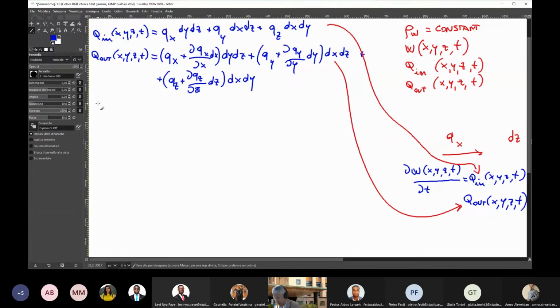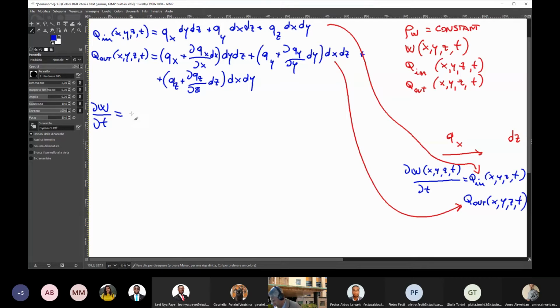I can write then partial derivative of W with respect to time. I'm dropping the dependence on the four coordinates for the sake of simplicity, because otherwise it becomes really heavy, okay? But in the web pages, you will find everything there, okay?